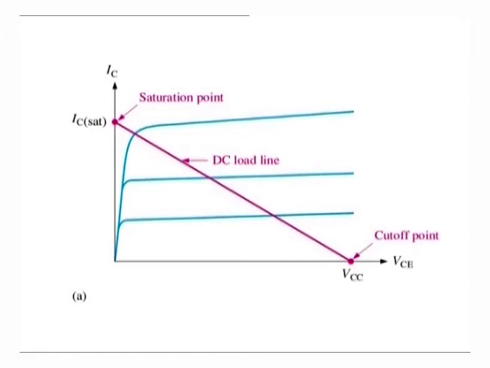DC load line. The DC operation of a transistor circuit can be described graphically using a DC load line. This is a straight line drawn on the characteristic curves from the saturation value, where IC is equal to IC saturation on the y axis, to the cutoff value, where VCE is equal to VCC on the x axis, as shown in figure.